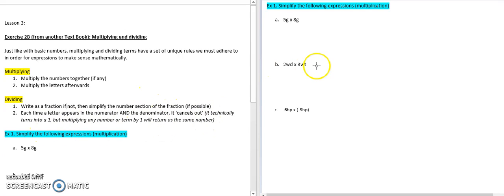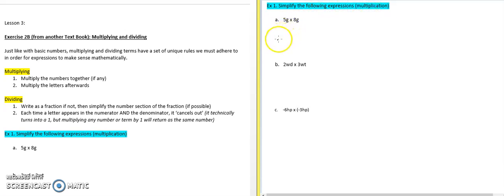Okay, so the examples I've got on the right hand side here. Example 1 is simplify the following expressions. So the question you'll have in the textbook is simplify the following expressions. In this case, we're doing multiplication. Okay. So with the first one, let me get my brush tool out.